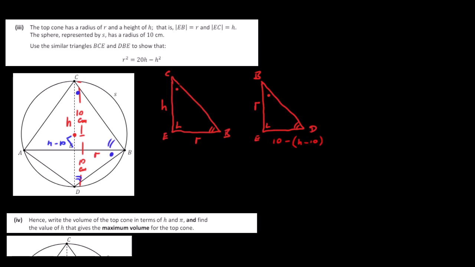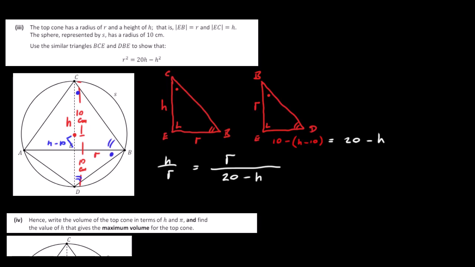We have corresponding sides. We have this side and this side, and we have this side here and this side here. So I'm going to make a fraction here. I'm going to say here that h over r, that's this side over this side, corresponding sides, is going to be equal to r, which is this side here, over this side here. Now this is just 10 minus h plus 10. Minus minus is plus. So this here just becomes 10 plus 10, which is 20 minus h.